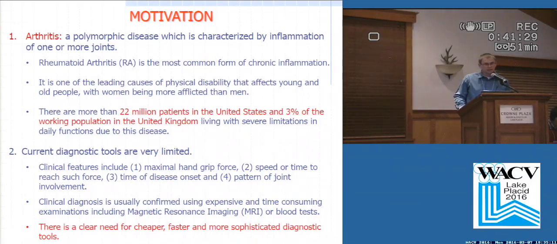The second motivation is that the currently used clinical features to diagnose the disease are fairly simplistic and do not capture the full characteristics of arthritis. So our main goal in this paper was to develop some new diagnostic tools that are more sophisticated but still fast and cheap to use.